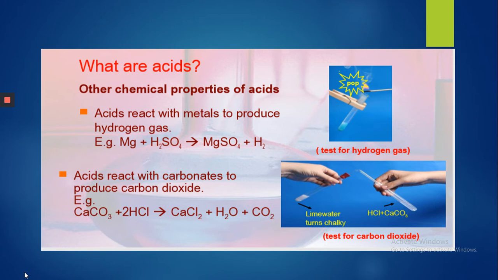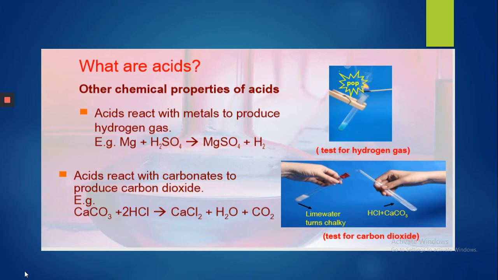What are the other properties of acids? Now we will discuss the chemical properties of acids. When an acid reacts with a metal, salt and hydrogen gas are produced. Take the example of magnesium as the metal and sulfuric acid as the acid.